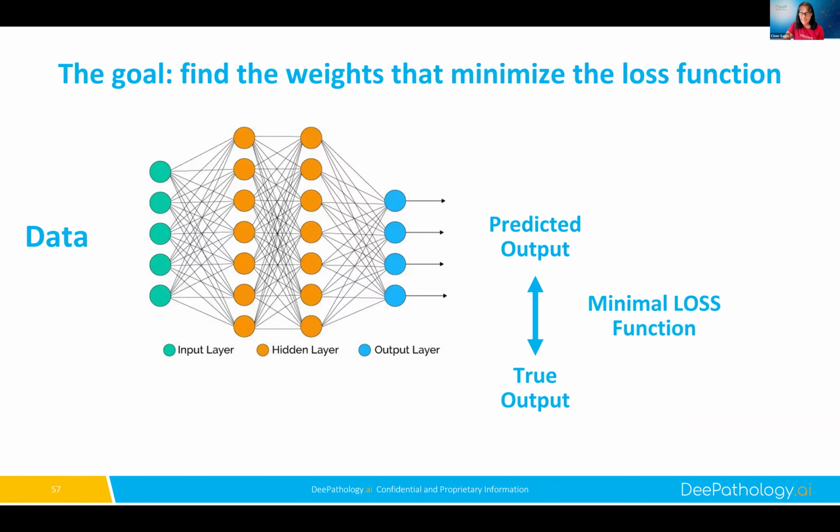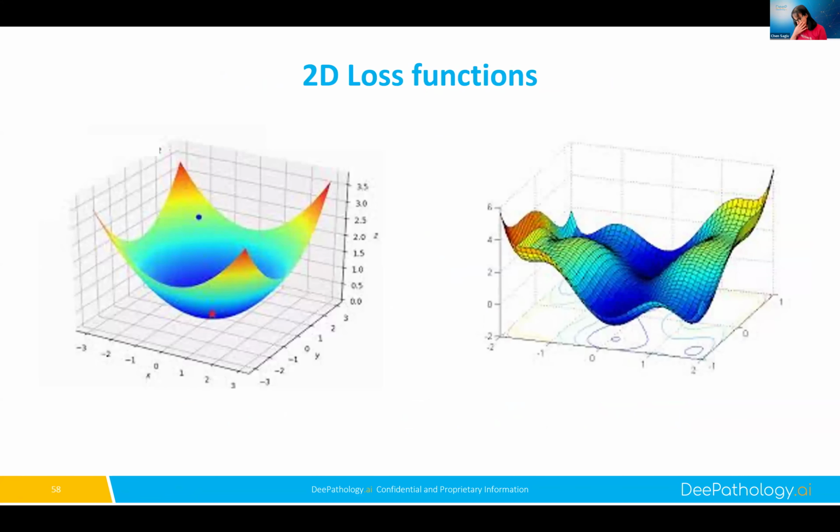So how do we get the set of these weights that minimize the error, that minimize the loss function? So what we can think about is some kind of a function that would be the error function, I would say the difference between what the neural network predicted and the ground truth.